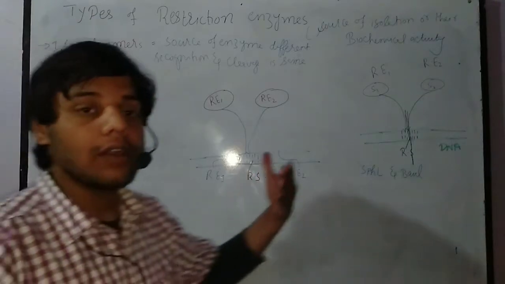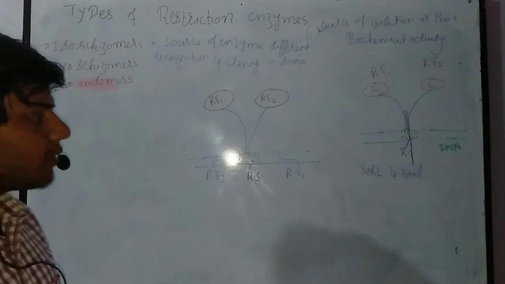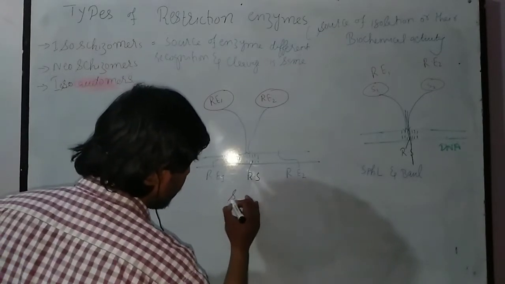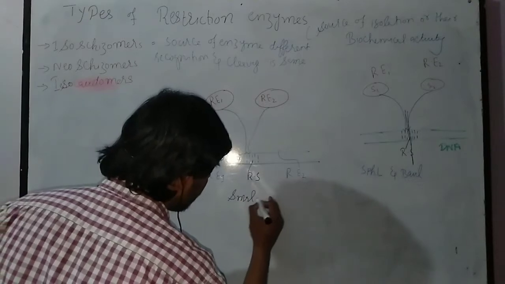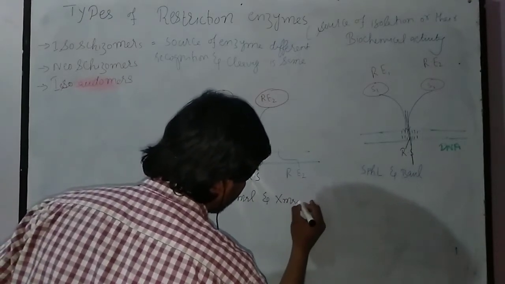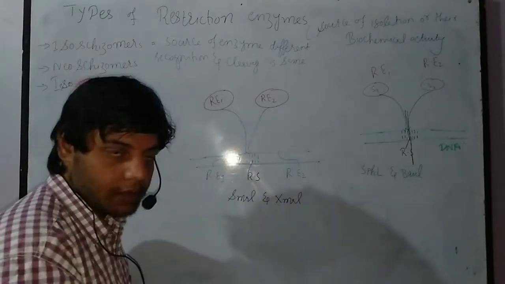We call that a Neoschizomer. Examples of this are SmaI and XmaI. These are Neoschizomers of each other.